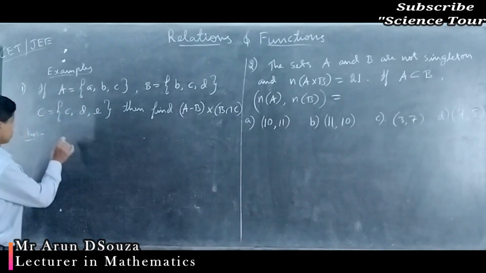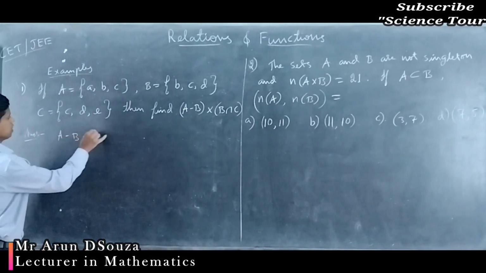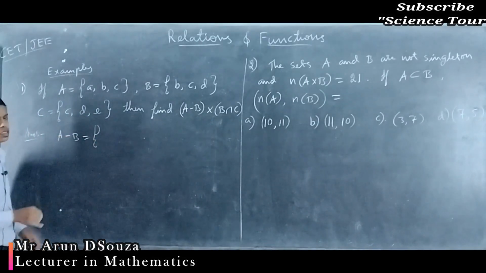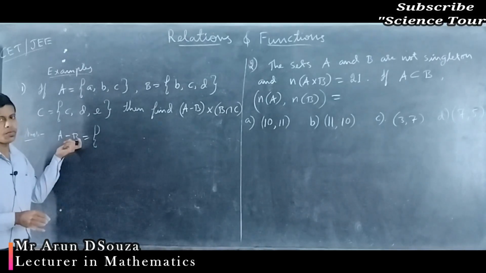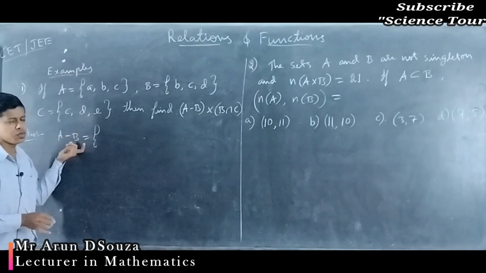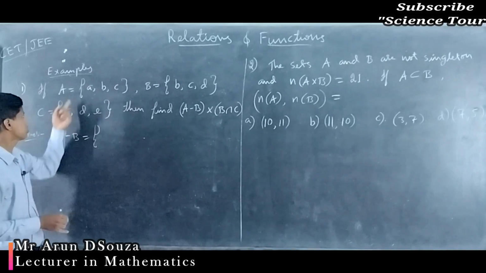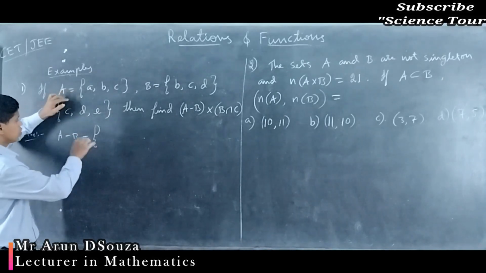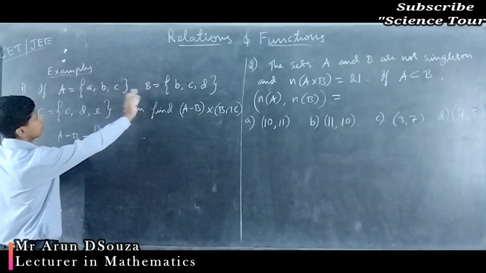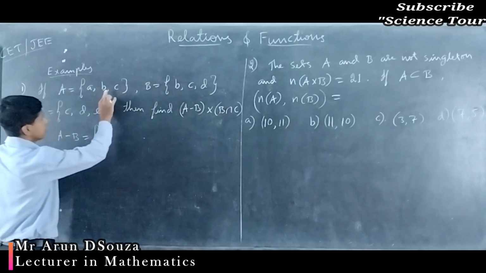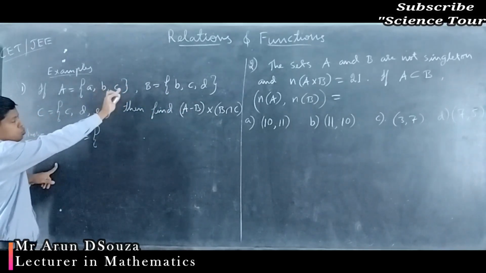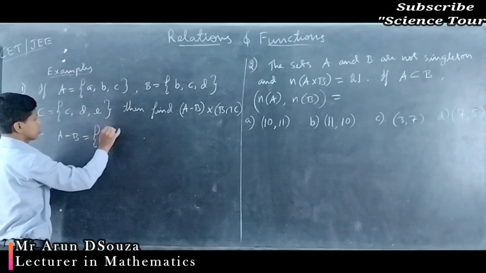So start with A minus B. You all know by now what A minus B means: subtraction, the difference between the two sets. So from the set A you have to remove the elements of B, which are b, c, d. Remove b and c. So what remains is only a.